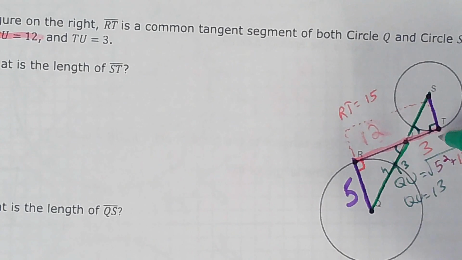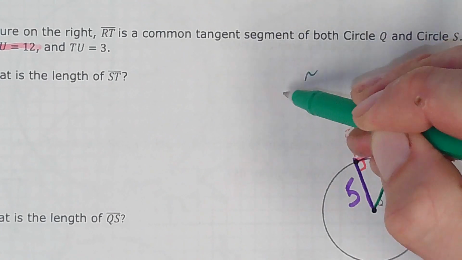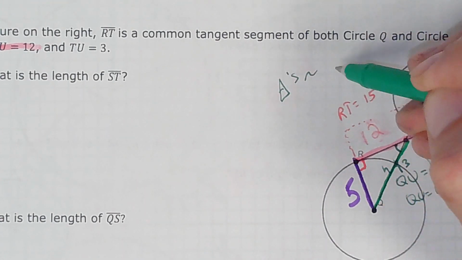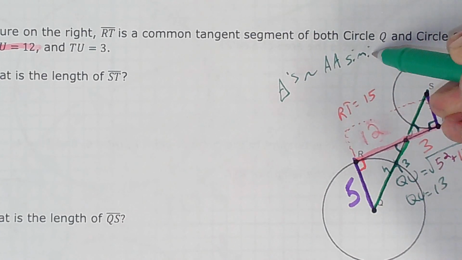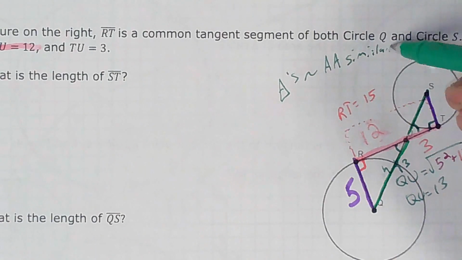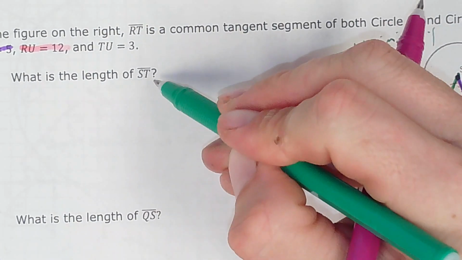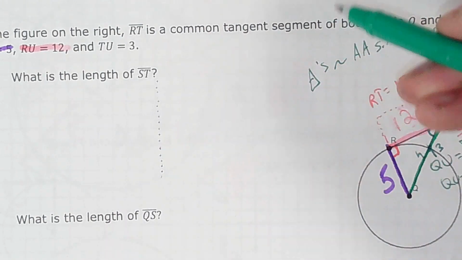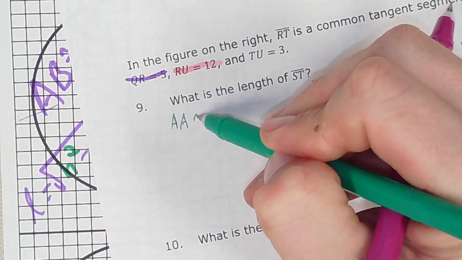So by angle similarity, the 2 triangles are similar. Okay? So there's 2 ways that I can do this.